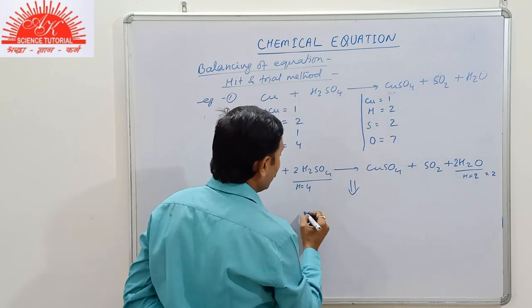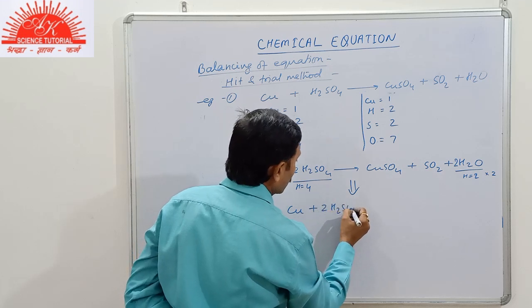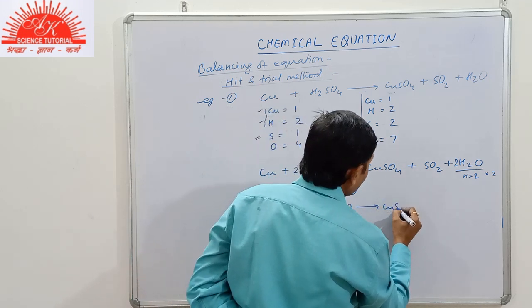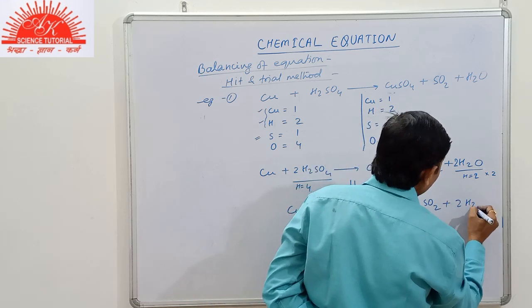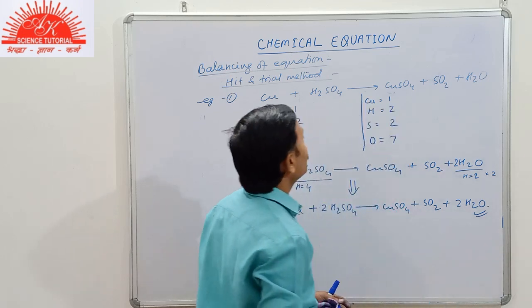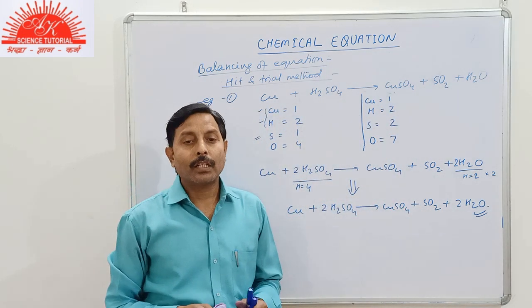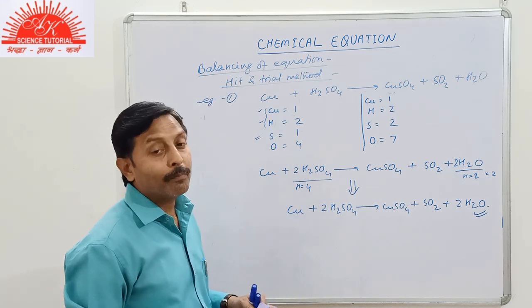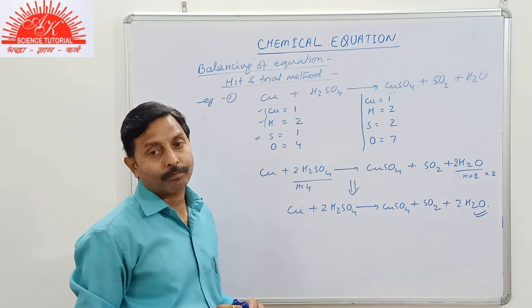As a result, your balanced equation is Cu plus 2H2SO4 gives CuSO4 plus SO2 plus 2H2O. Now the equation is balanced. So this is the first equation which we have balanced on the basis of the hit and trial method.